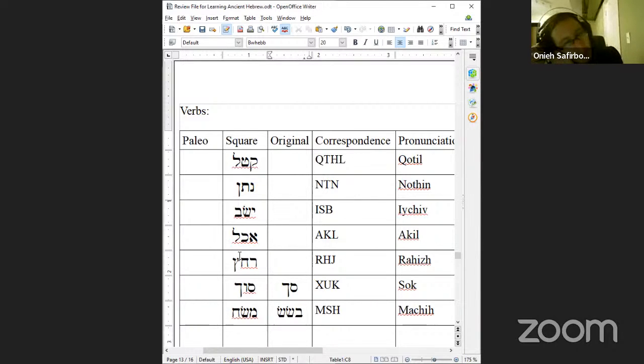So it basically becomes Basha, Basha, Basha, and then it becomes an M. But the original, from what I can see, is Bashish or Bachish.